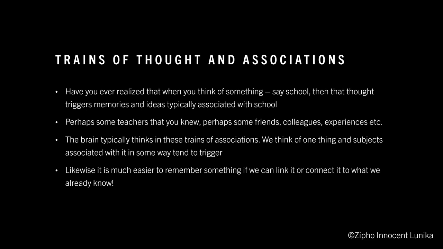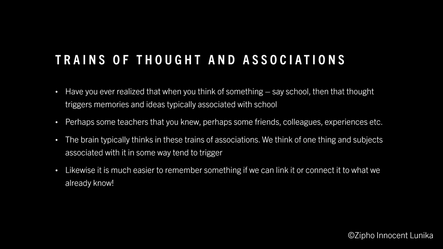We have to continue with this thought experiment of how trains of thought and associations typically work. When we think of something, say school, it might trigger memories and ideas associated with school. I have some teachers, some friends, some colleagues, and other experiences, right?